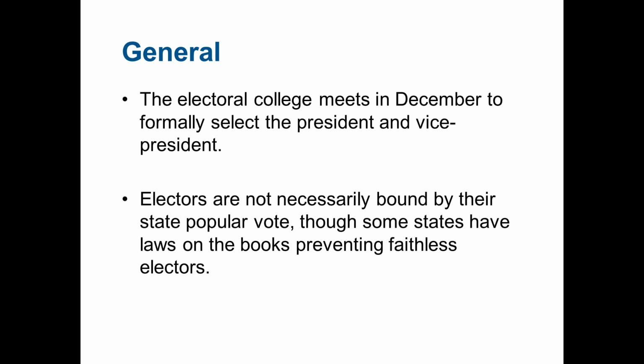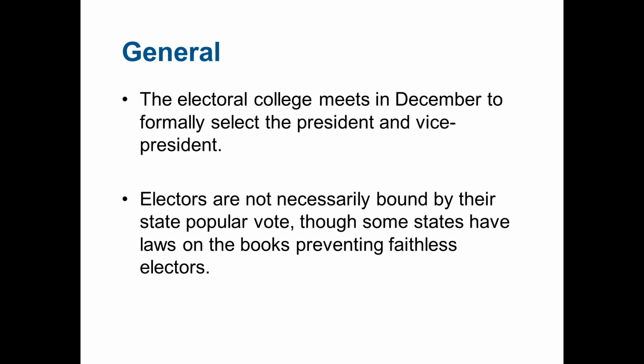The status of being president-elect, though, in between Election Day and December when the Electoral College meets, is unofficial. You don't really get the official selection for president until the Electoral College meets, which was this year on the 19th of December.